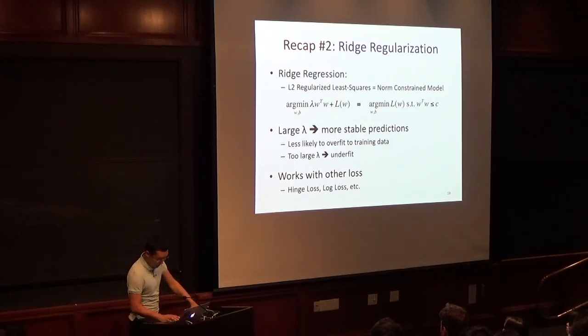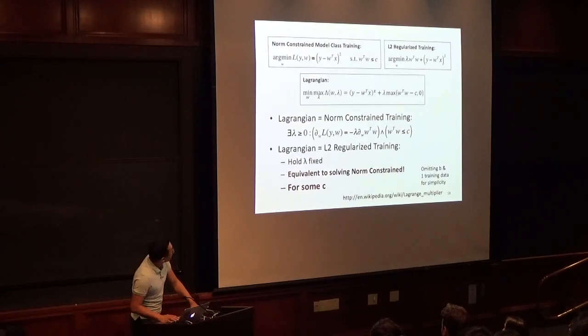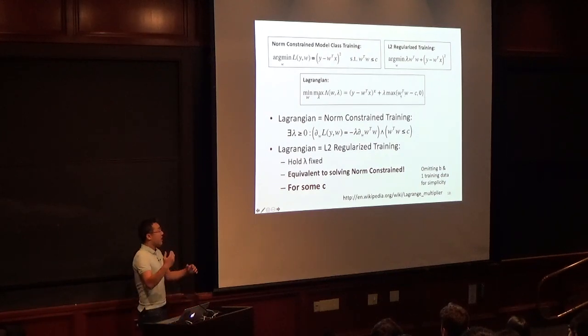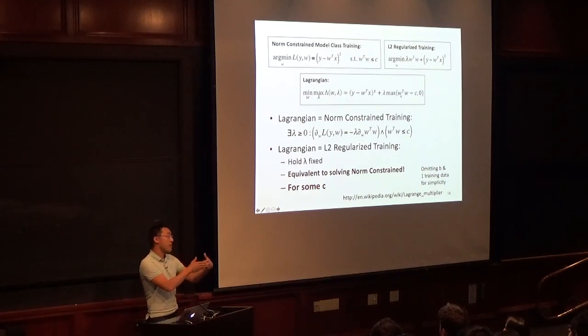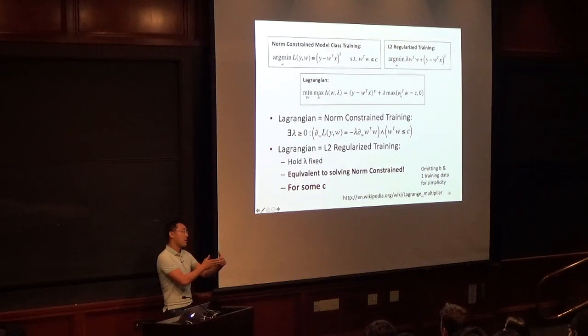No. So if you look at the Lagrangian, I could create a constraint boundary that is not convex, right? The constraint boundary has to be convex.